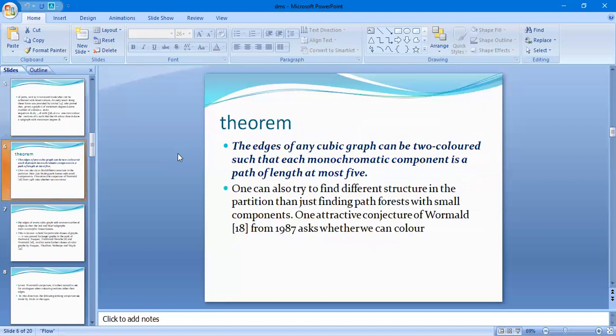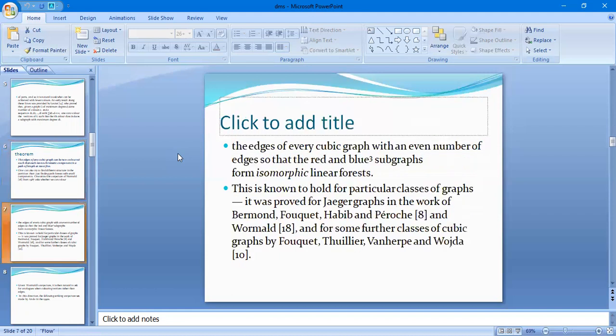Let's see a theorem. The edges of any cubic graph can be two-colored such that each monochromatic component is a path of length at most 5. One can also try to find a different structure in the partition than just finding a path forest with more components. One attractive conjecture of Wormald from 1987 asked whether we can color the edges of every cubic graph with red and blue so that the red and blue subgraphs form isomorphic linear forests.